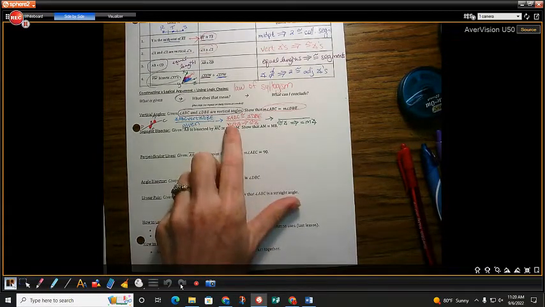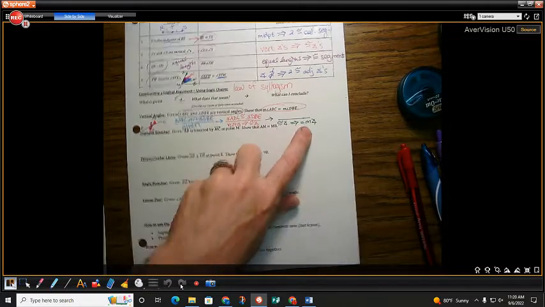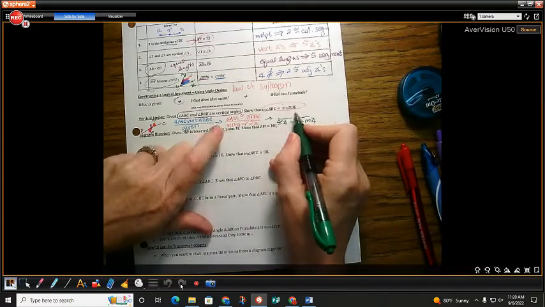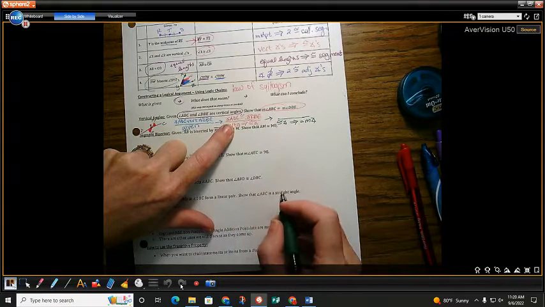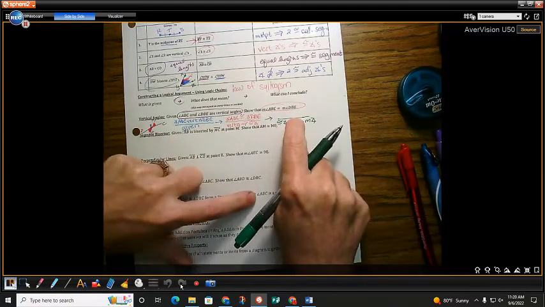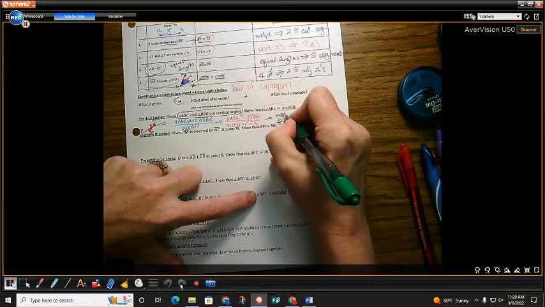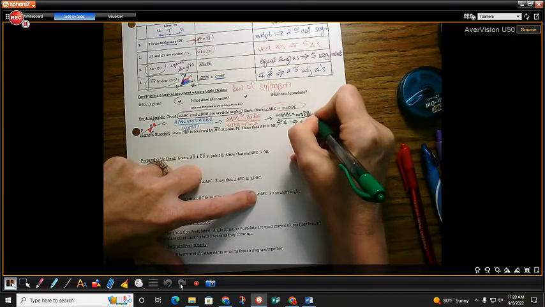So I had verticals that brought me to congruent, and then congruent brings me to them being equal. So now what can I say in this specific case? If ABC was congruent to DBE, what's my conclusion? The measure of angle ABC equals the measure of angle DBE.